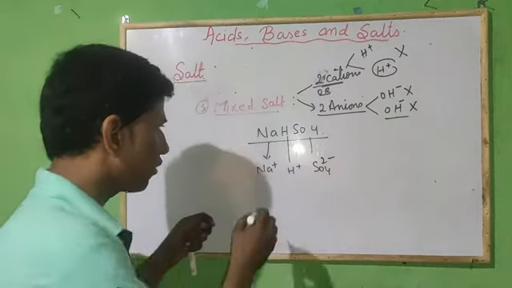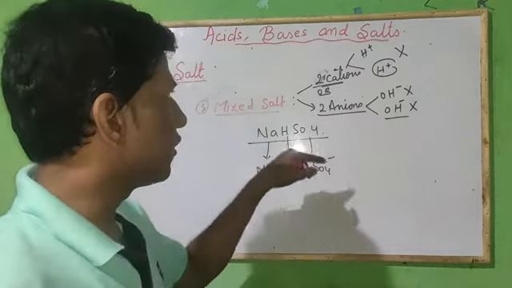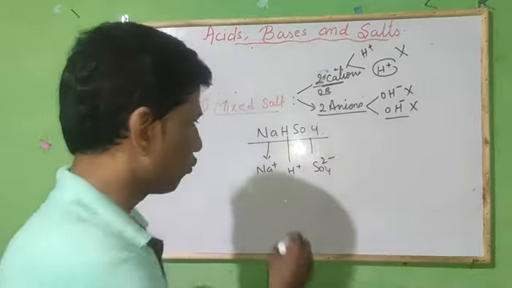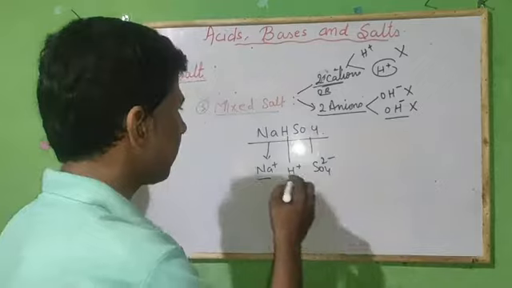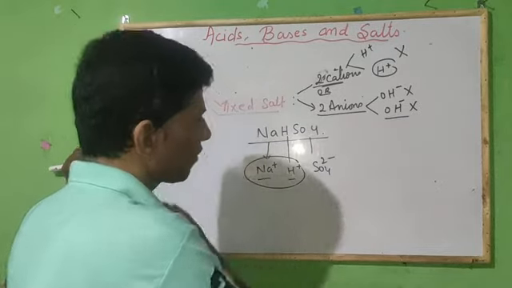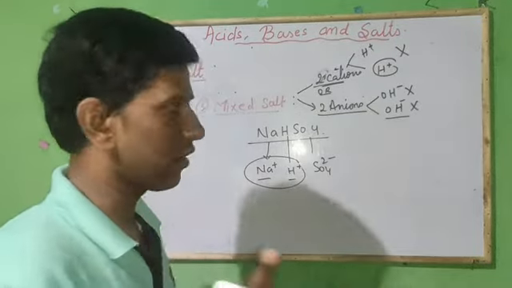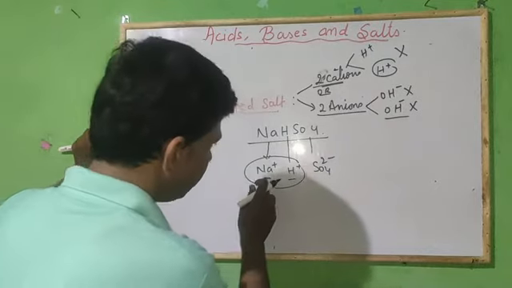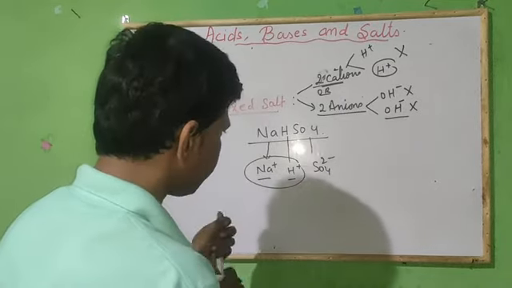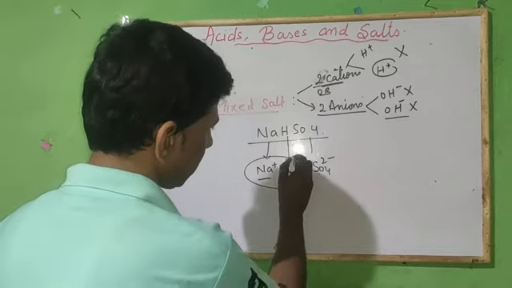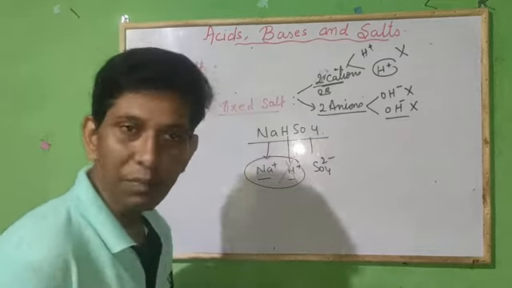As per the definition, two cations are there. But the second condition is that out of these two cations, none will be H plus ion. One is Na plus, but another cation is H plus. So due to the presence of H plus, it is not a mixed salt.